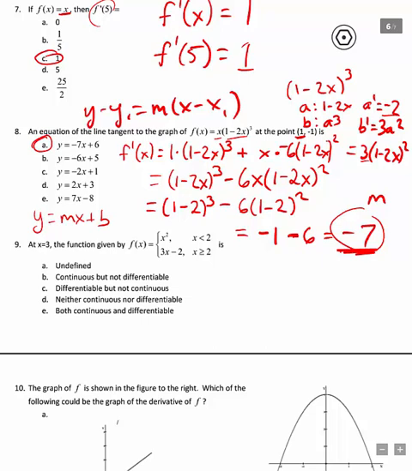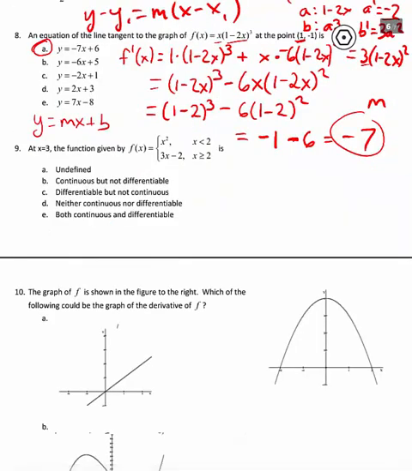Okay, so question 9, we look at it, and we're basically seeing the words continuous, differentiable. So we have to check, is this continuous? And I actually said at x equals 3.